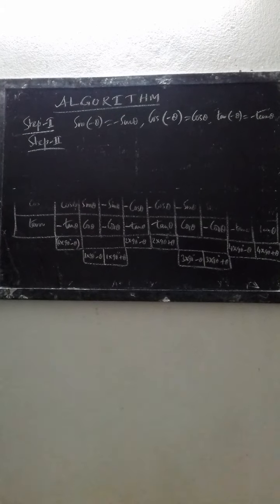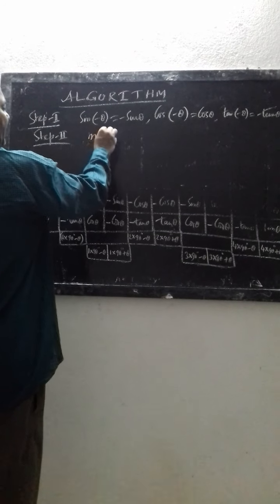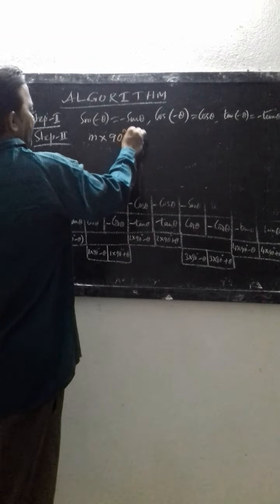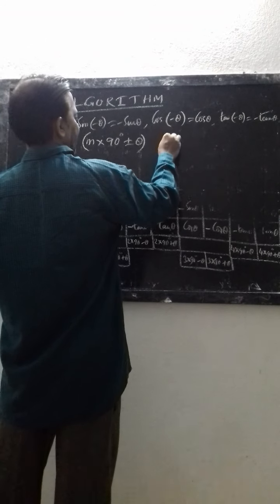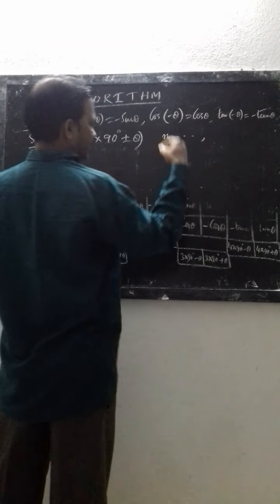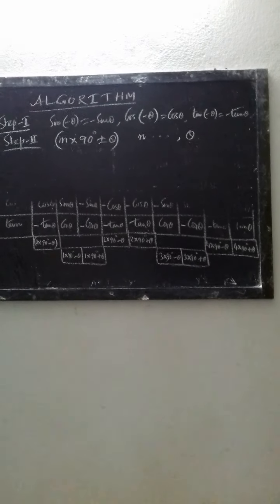Express the given positive angle in the form n into 90 degree plus or minus theta, where n is any positive integer and theta is a positive acute angle.